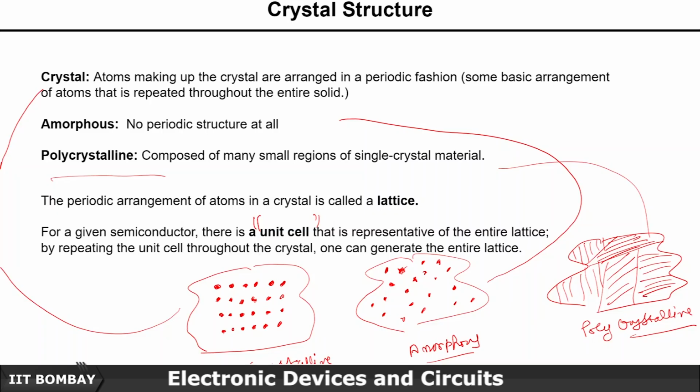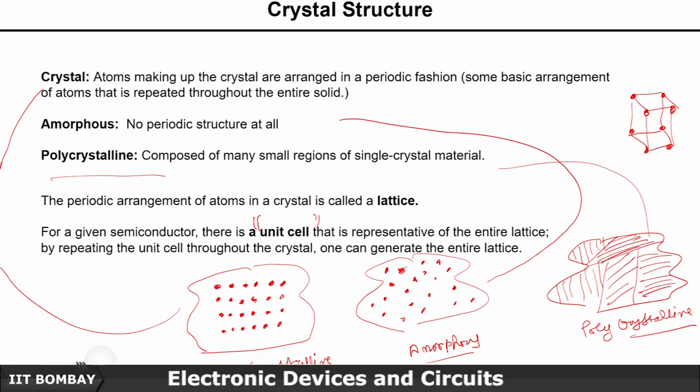So the unit cell is the building block, and if you repeat it in all the directions, you will get the complete lattice. This unit cell can be something like this, just to give an example. So you have atoms at each corner.